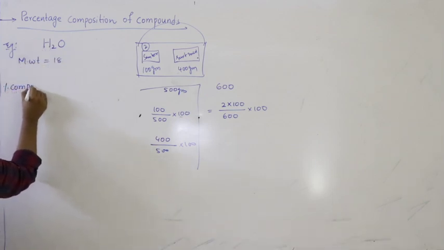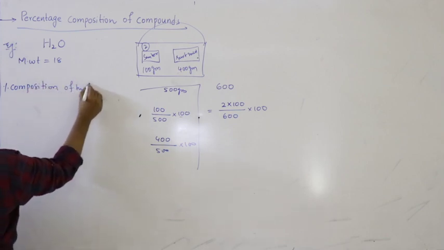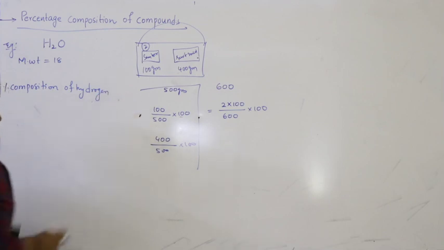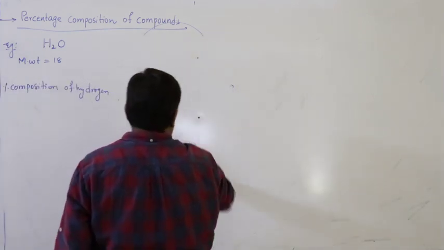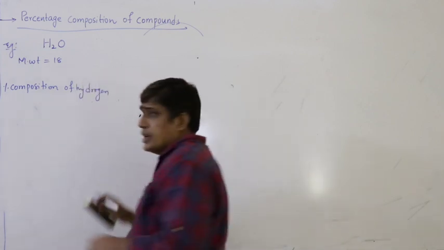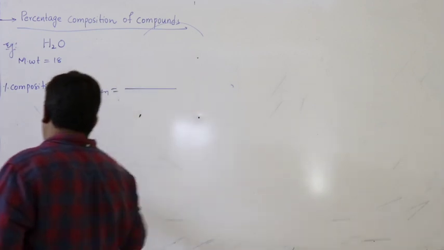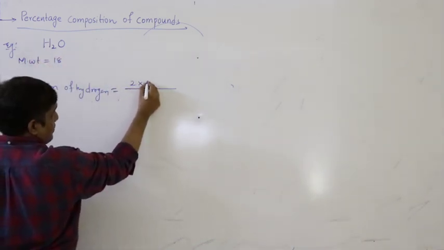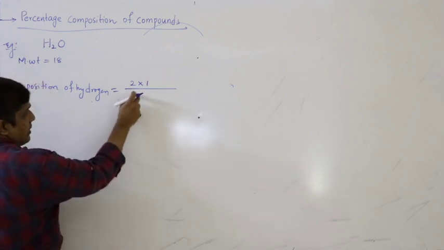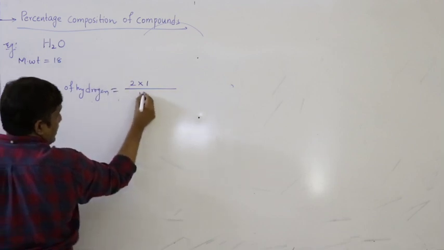Percentage composition of hydrogen. Right? Total weight of that element. What is the weight of hydrogen? There are 2 hydrogens into atomic weight of hydrogen, that is 1, by mass of the molecule, total mass of the molecule, that is 18.